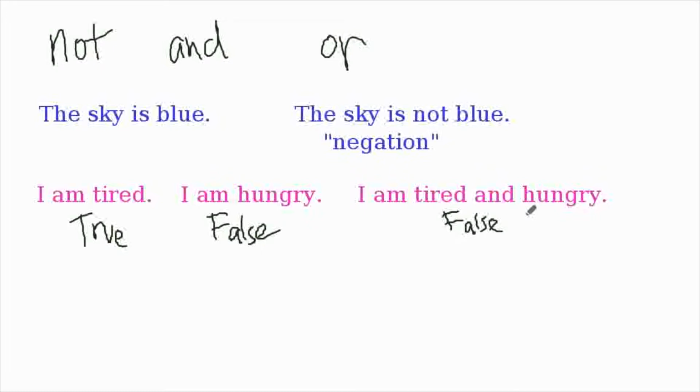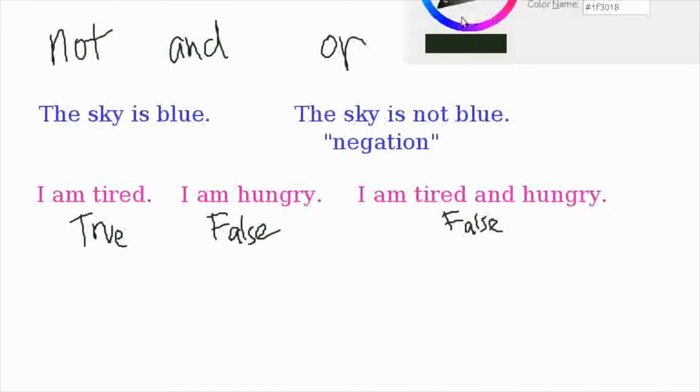So what's interesting about the word and is the bar is raised. It has a lot higher standard in logic. It forces everything to be true. Otherwise, it's false. Okay? So that's what I want to say about that. It doesn't matter if you have 99 things that are true and then you have one little part of it that's false. You can have like this and that and that and that and that. Everything could be true except for one part. It ruins everything. Okay? So that's how ands work.